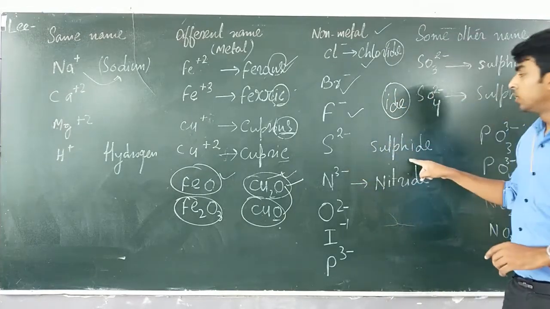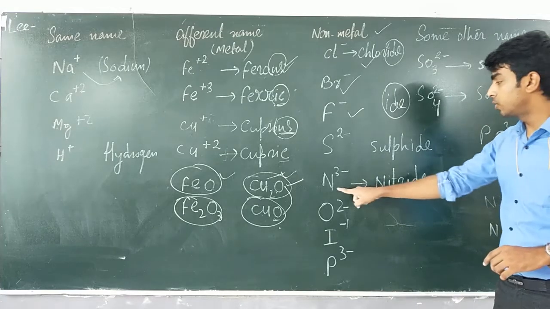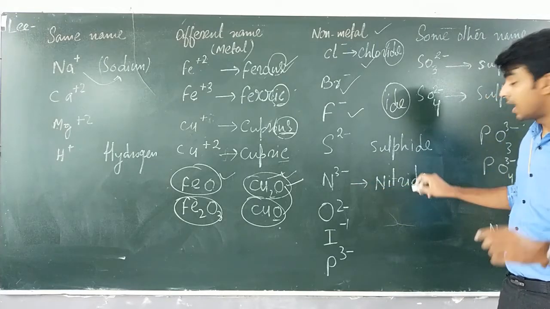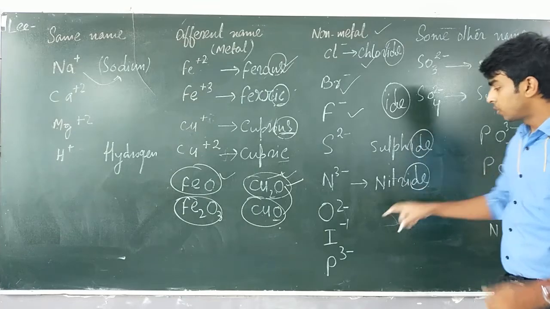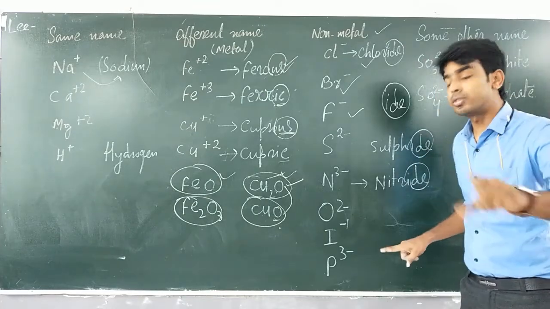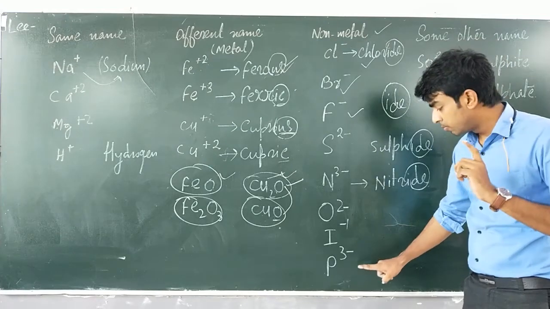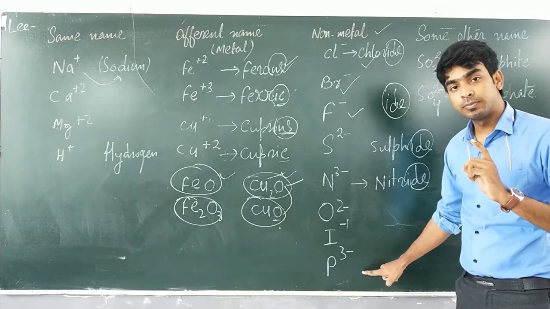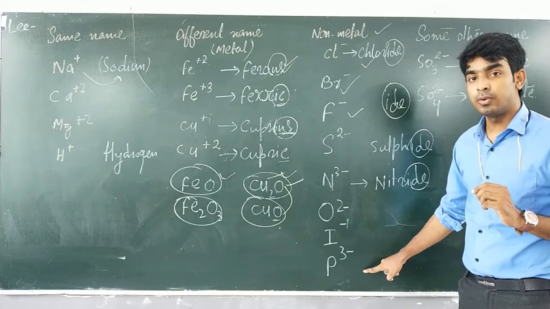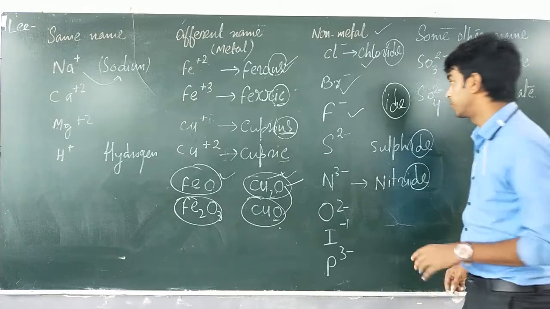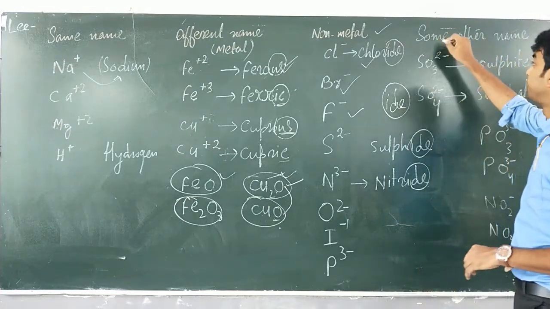Sulfur, it will be sulfide. Nitrogen, it will be nitride. Oxygen, it will be oxide. Iodine, it will be iodide. Phosphorus we know, what will it be? Think about this one.